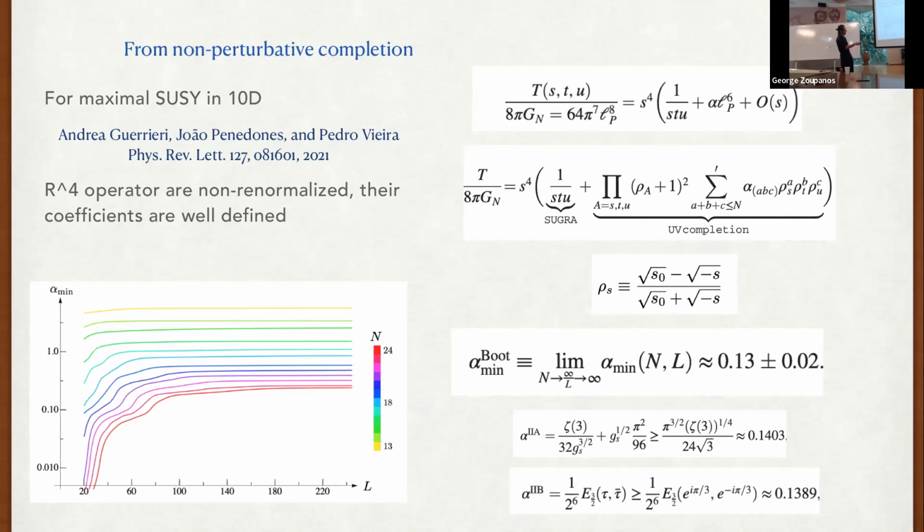You see that it's converging here, and it's always converging to a flat line. The current numerical bound that they get is a lower bound of 0.13, and here are basically the string theory values.